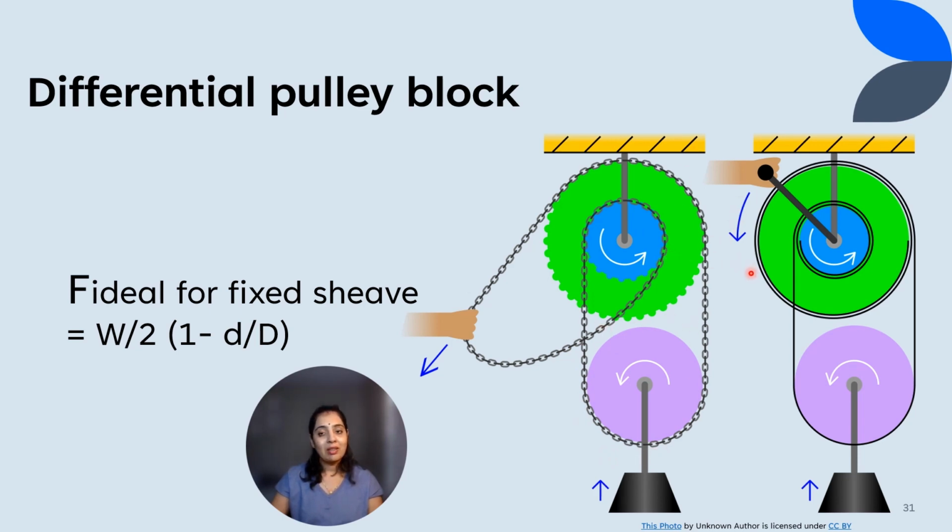To avoid slippage, the rope is replaced by the chain and the connected pulleys by sprockets. So in this case, to calculate F ideal for fixed sheave, it is W by 2 multiplied by 1 minus the ratio of the diameter of the smallest pulley to the diameter of the large pulley.